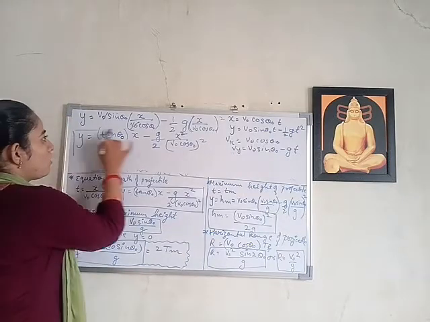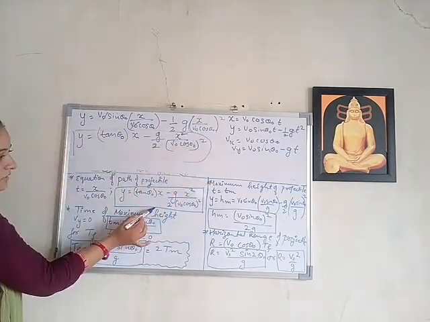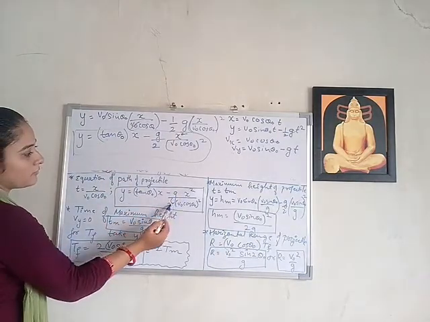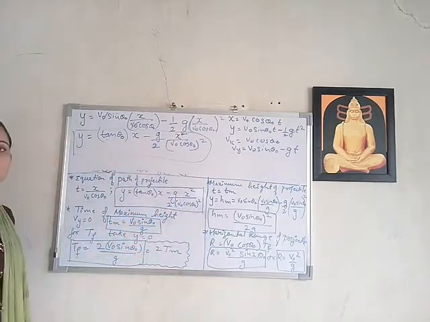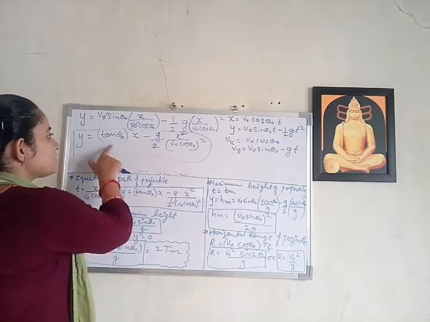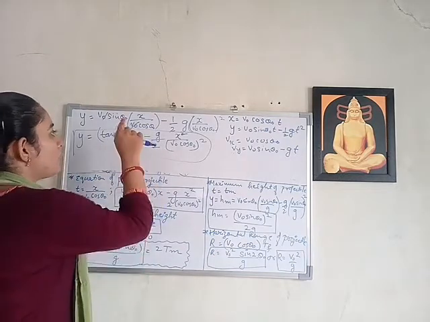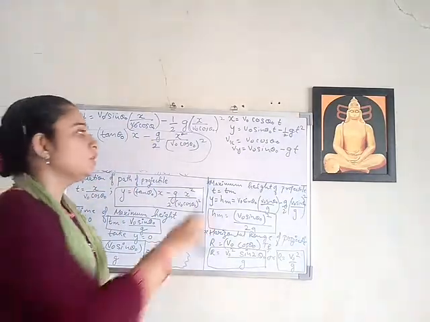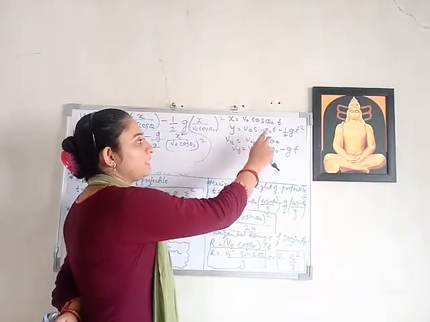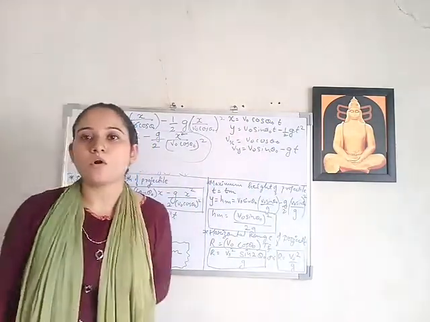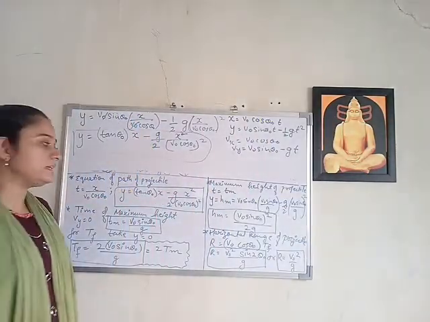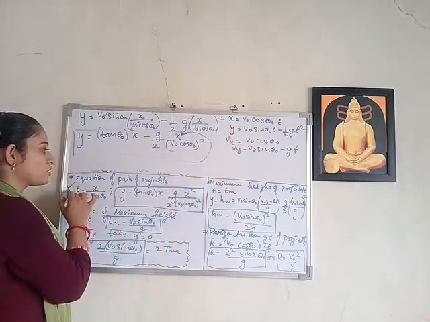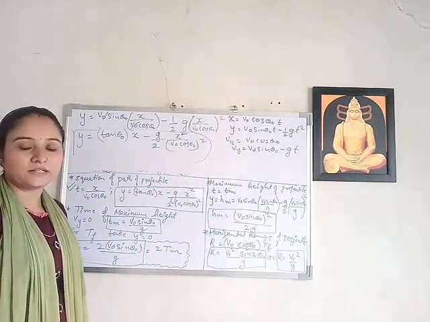So here we got y equal to, same here, look at it, tan theta 0 x minus g x square upon 2 v0 cos theta 0 the whole square. So this is the equation of projectile. For the equation of path of projectile, you have to put t equal to x upon v0 cos theta 0 in y. So you will get the equation of path of projectile.